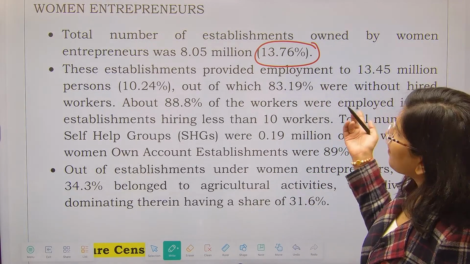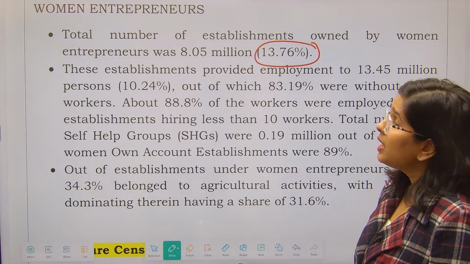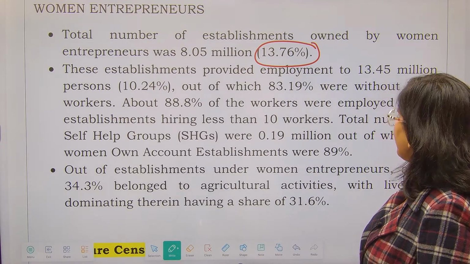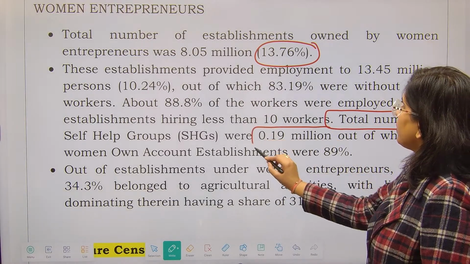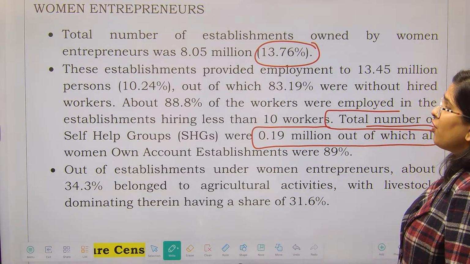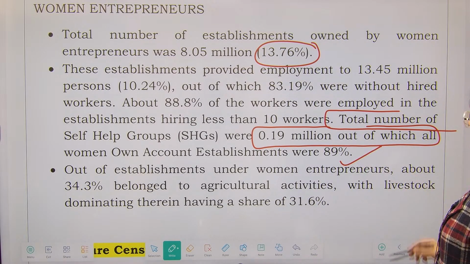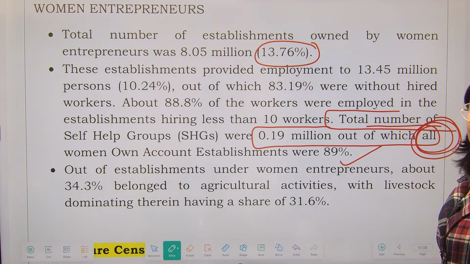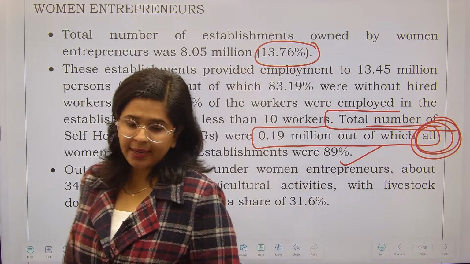For example, the share of establishments owned by women entrepreneurs was 13.76%, and then the total number of self-help groups was 0.19 million, out of which women-owned establishments were 89%, right? So out of 0.19 million self-help groups, all-women establishments were 89%.